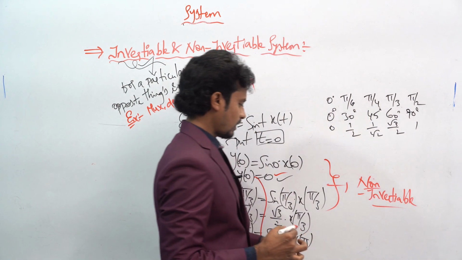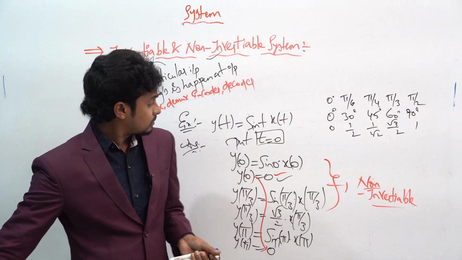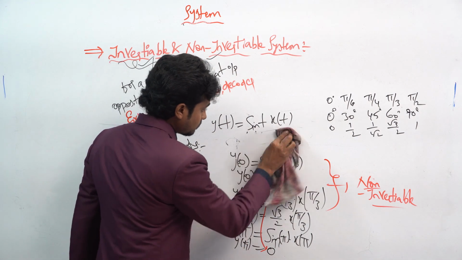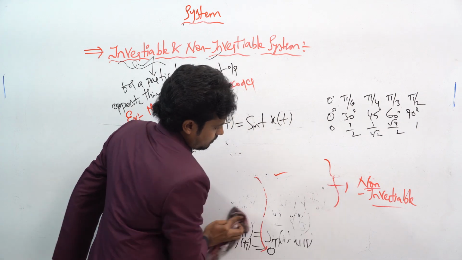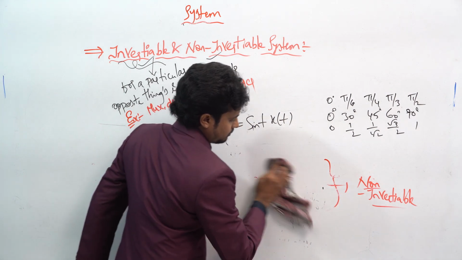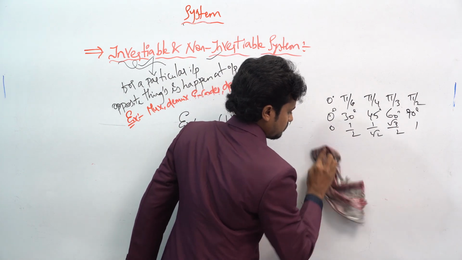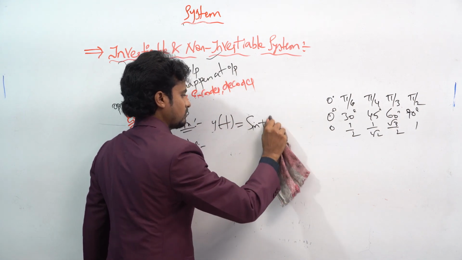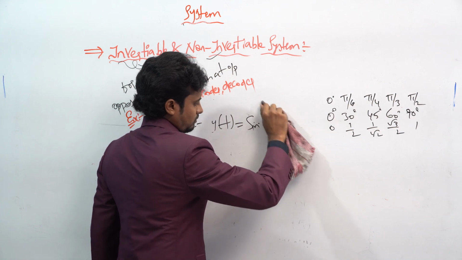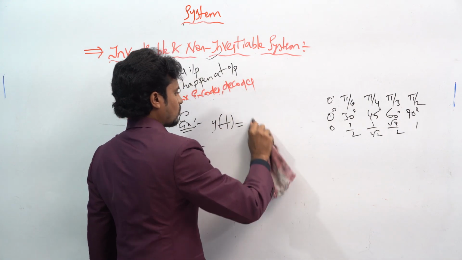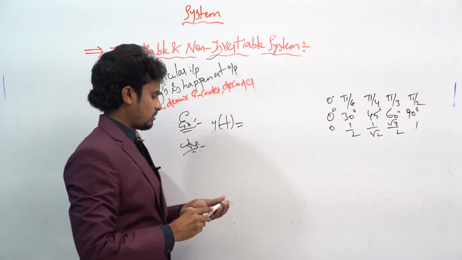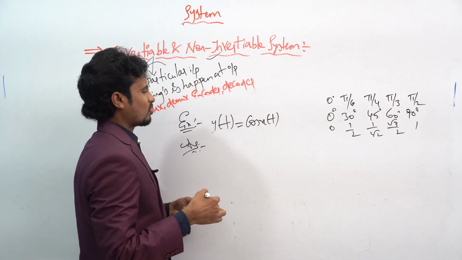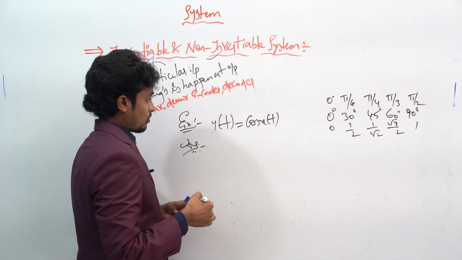Okay, let's see one more example. If I put cos of x of t, or cos t, what will happen?